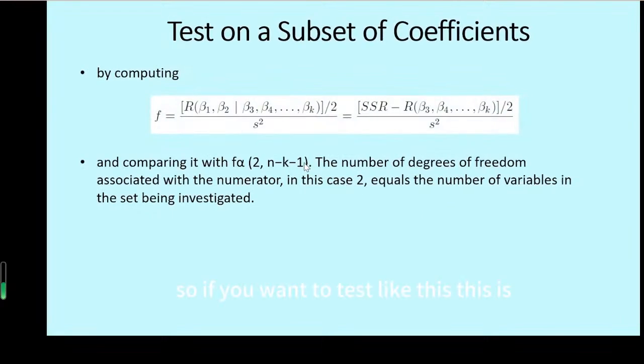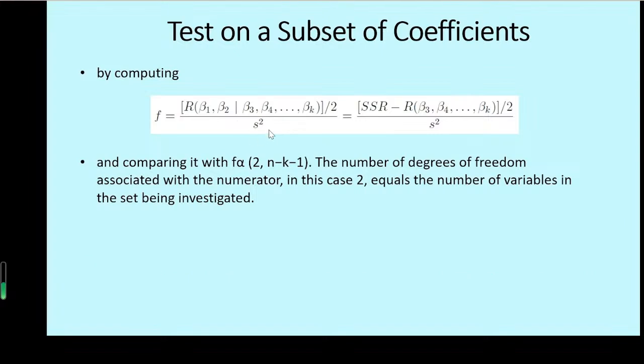So this is the ANOVA test, and we have to use the F-test. Here the F-test statistic is calculated as the division of two parts. In the numerator is the SSR of both beta 1 and beta 2 given beta 3, beta 4, up to beta k, divided by 2, which is the degrees of freedom.